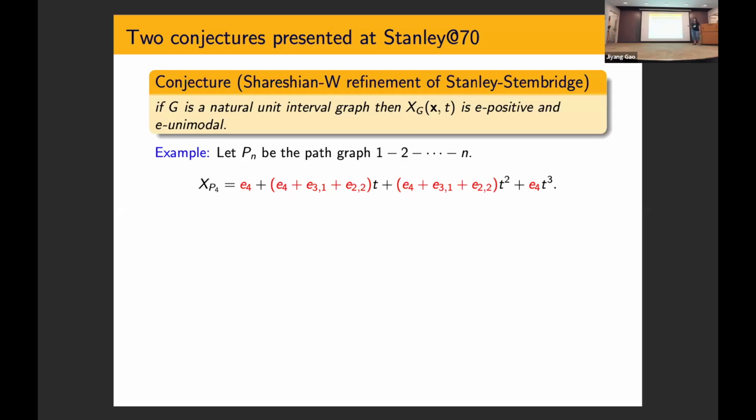Shareshian and I were able to modify Gasharov's result and show that this is always Schur positive. So we can expand it into Schur functions. We showed that it's Schur positive, but we couldn't get Schur unimodal.